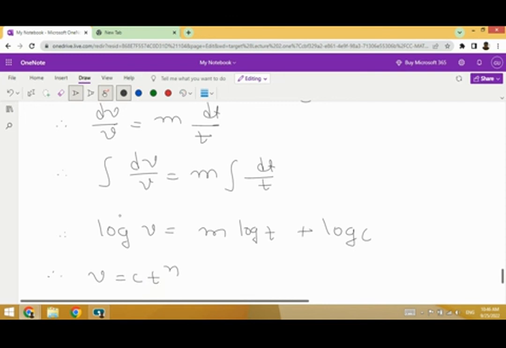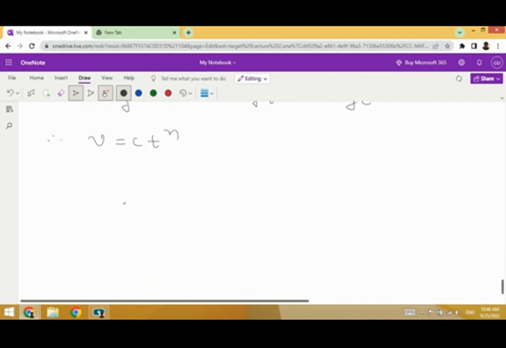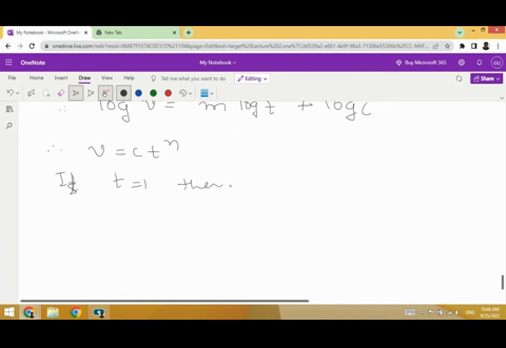Now if t is equal to 1, then c is equal to u.